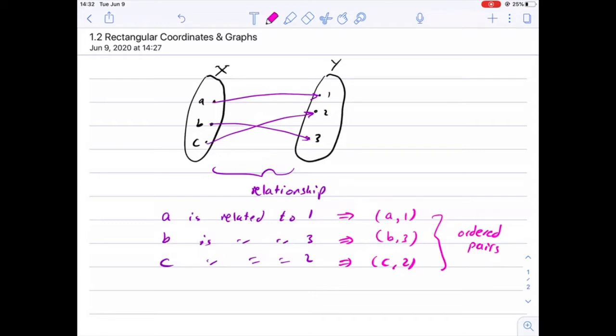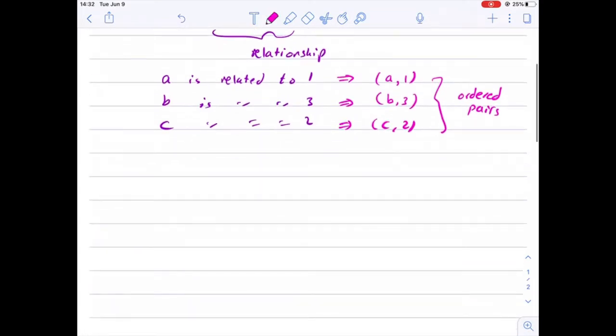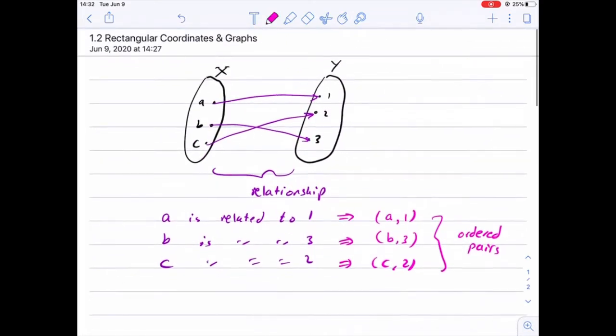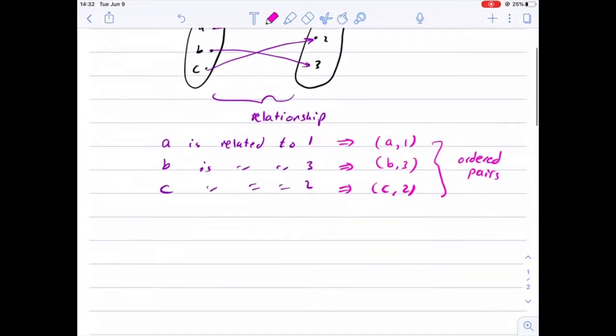Now, when we deal with sets of numbers, we usually need to represent them using some coordinate system, and the coordinate system that we usually use is the rectangular one.